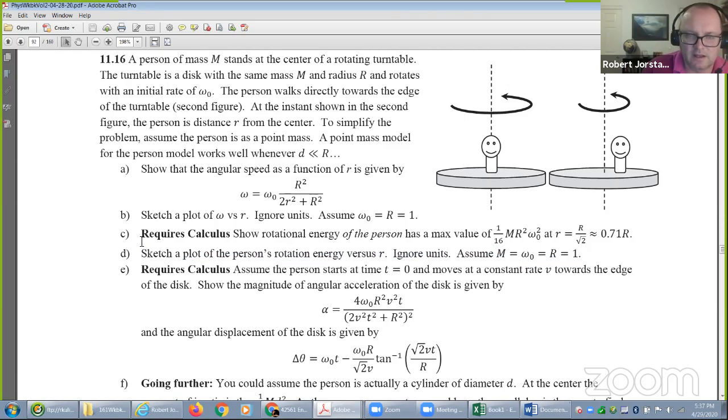Try and do part C right now, okay? Try and do part C without looking at the solution. I want the rotational energy of the person, and I want the maximum value. Think what you would do. Maybe don't do it all, but think, what should you start with? What steps will you take? Maybe sketch it out a little bit, and then I'll show you the solution and tell you something you might find interesting.